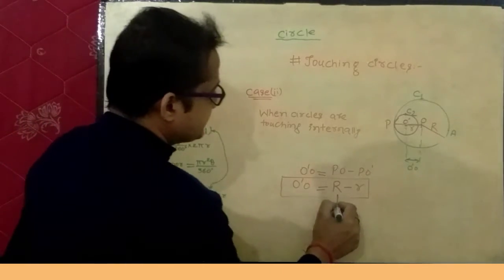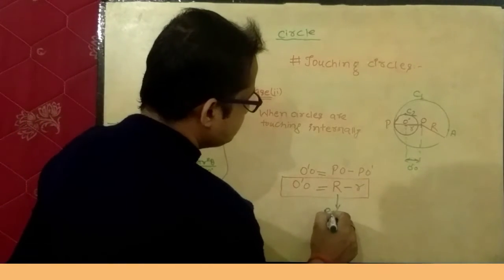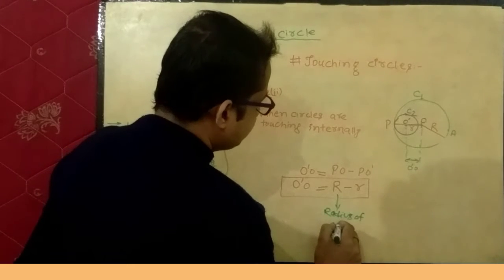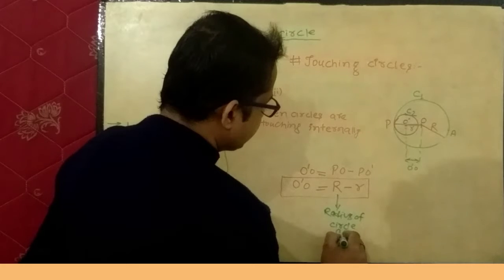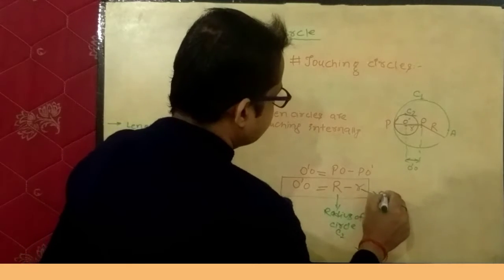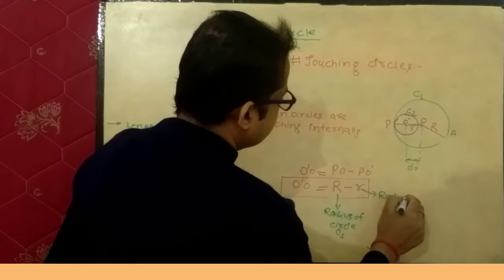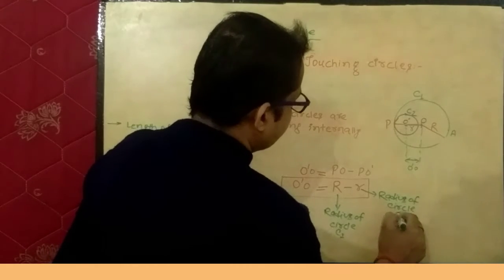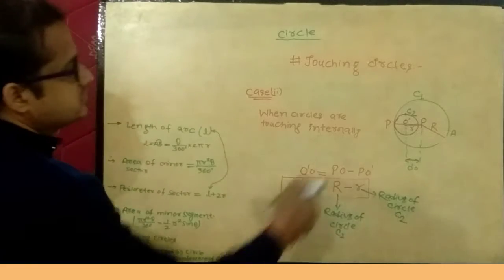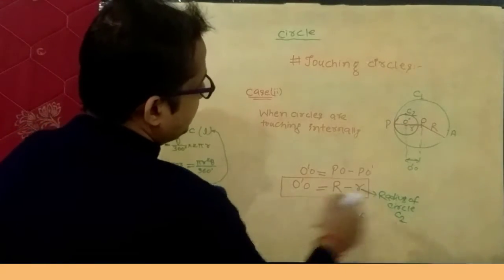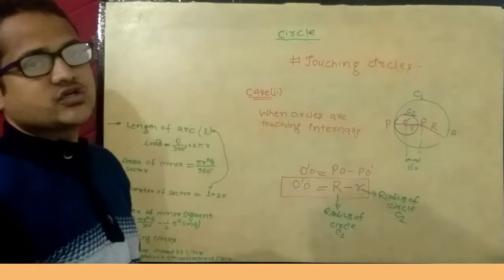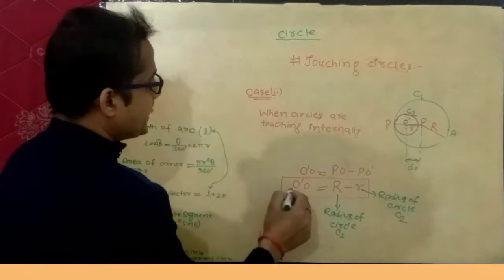This small r is the radius of circle C2 and this capital R is the radius of circle C1.